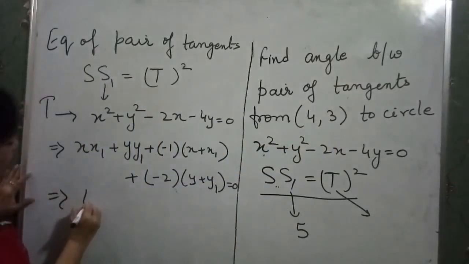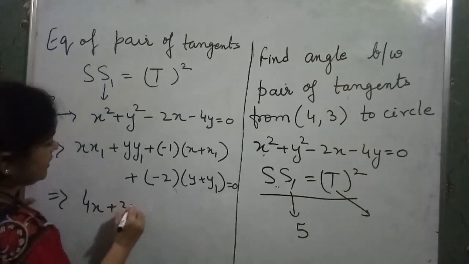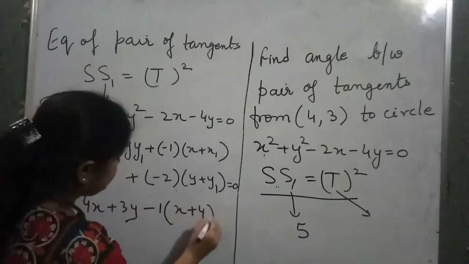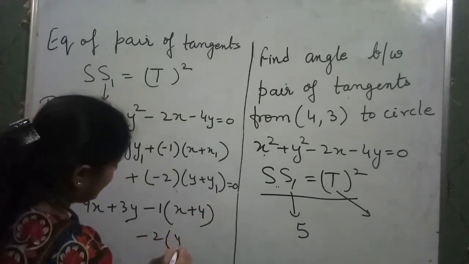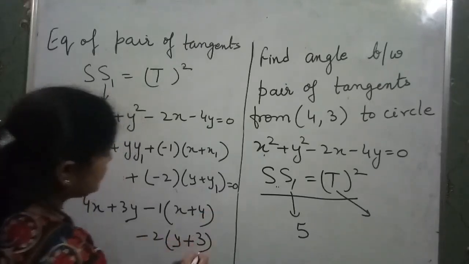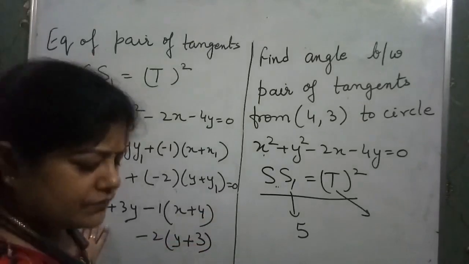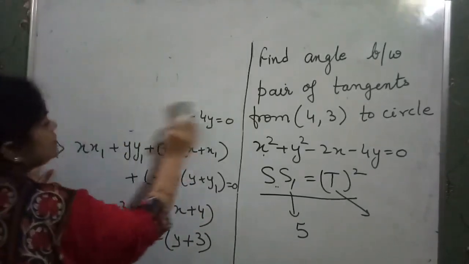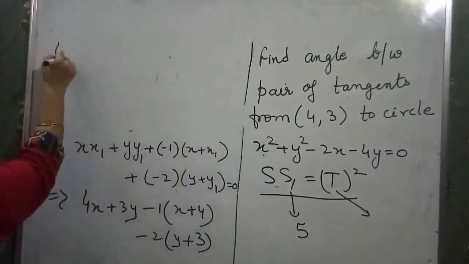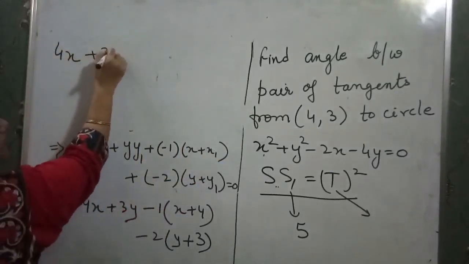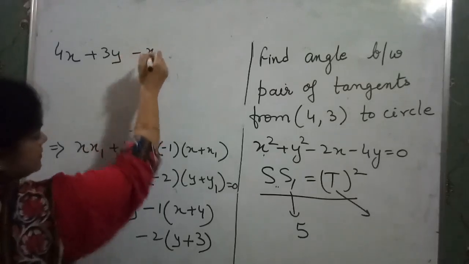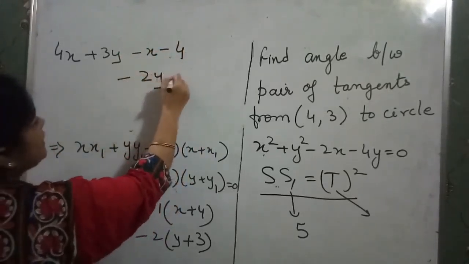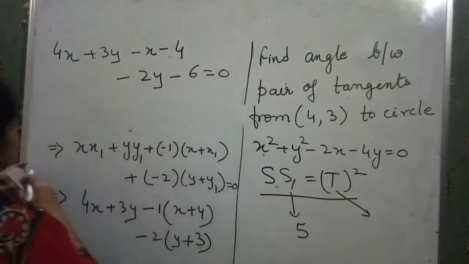We have 4x plus 3y minus 1 times (x plus 4) minus 2 times (y plus 3). Solving this, we got 4x plus 3y minus x minus 4 minus 2y minus 6 is equal to 0.